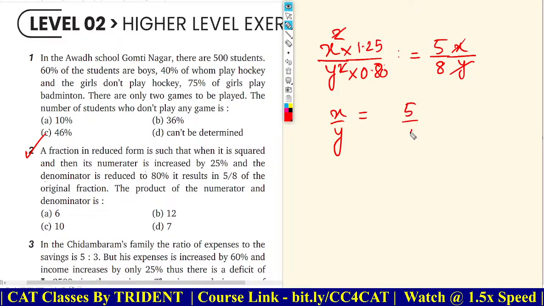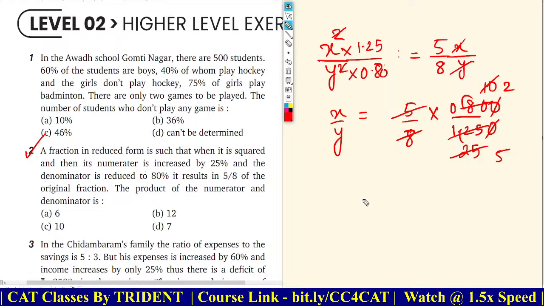So this will be 5/8 into 0.8 by 1.25. Two zeros, one zero, cancel. This is 10, and 5 25s are, 5 5s are, 5 2s are. So x upon y, very easily I have been able to calculate, 2 by 5.